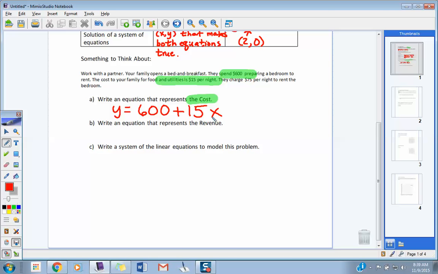Now in the business world, do you want your costs to be really high? Okay. There's another term that business people use in part B. Part B says write an equation that represents the, what's the word? Revenue. Revenue is the amount of money we as business owners would be bringing in.